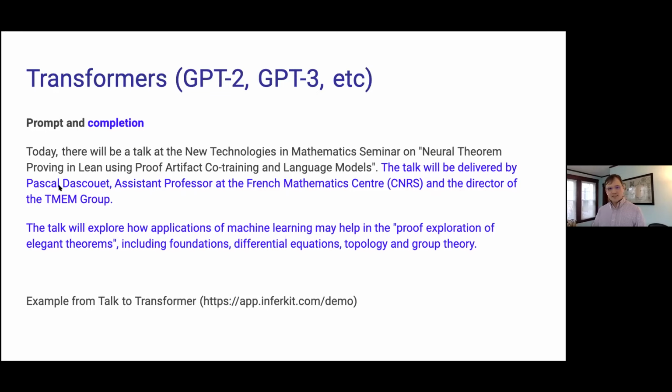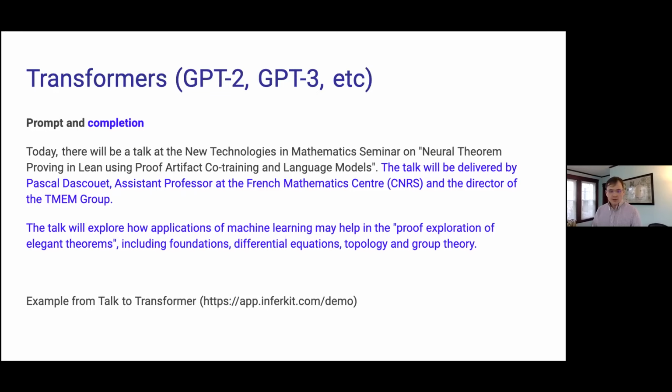But I did realize that if it's a French mathematician, it should probably have a French name. And it very helpfully said that this talk will explore how applications of machine learning may help in the proof exploration of elegant theorems, including foundations, differential equations, topology, and group theory, which I think is a pretty good description of this talk.